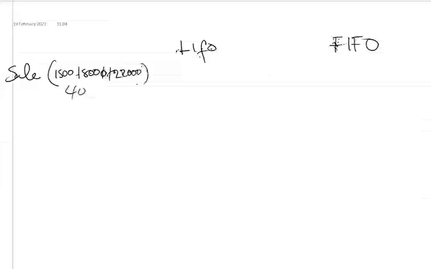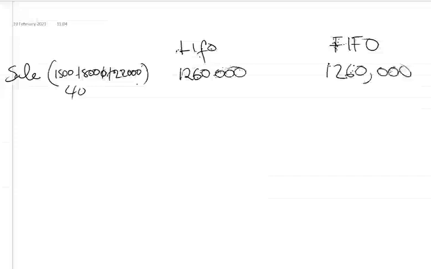We should find a value of 1,260,000. So this is the sales. Sales does not change between any valuation method, right?